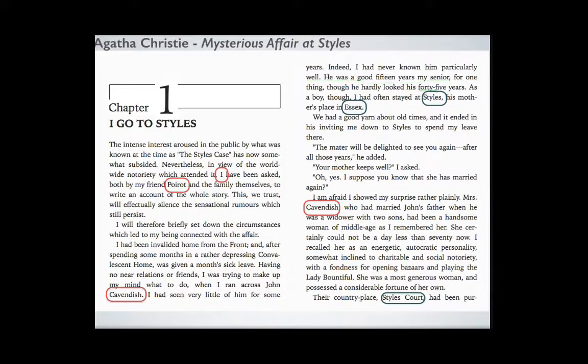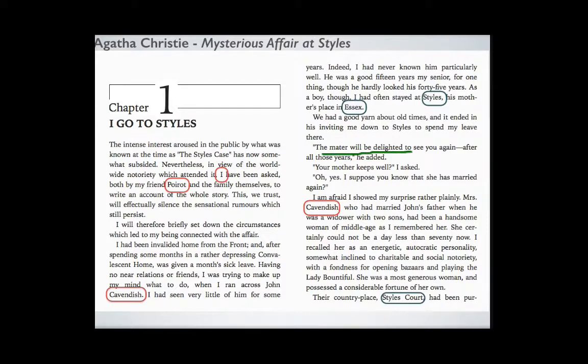So then he added, this is John Cavendish, he says, "The mater will be delighted to see you again." Well, that's a word we don't quite use every day today. It sounds a bit like a foreign word, maybe one that's not directly English. Let's look at context clues and see if we can figure this out.